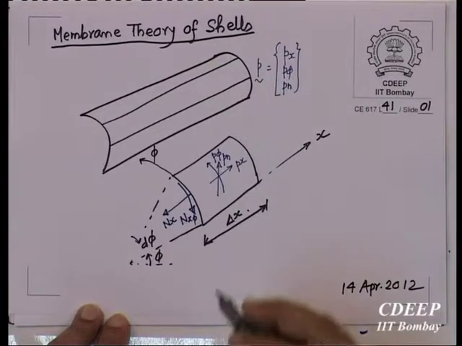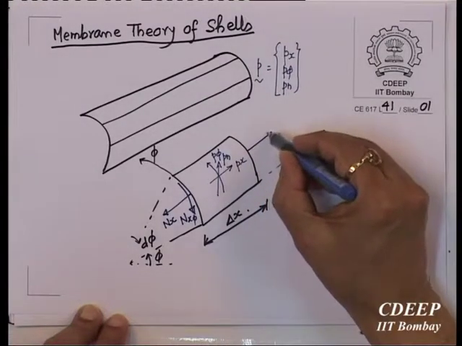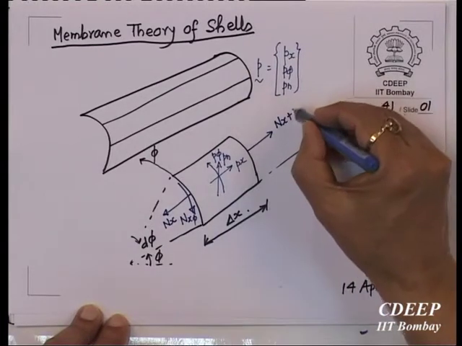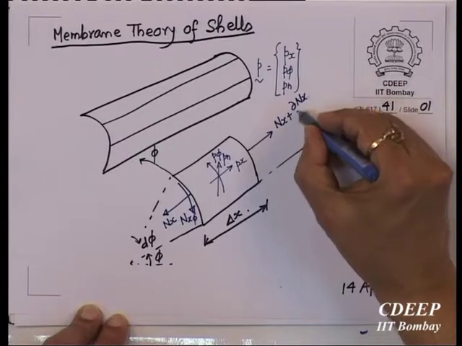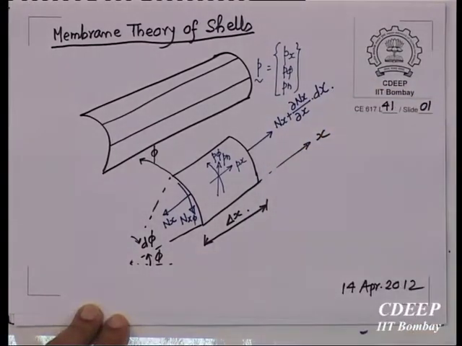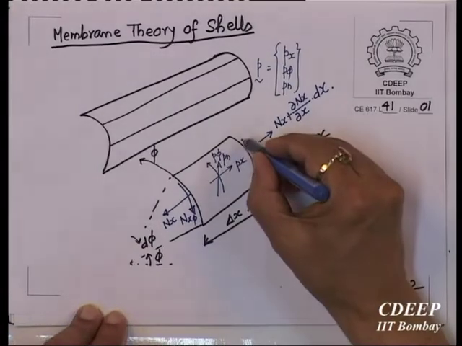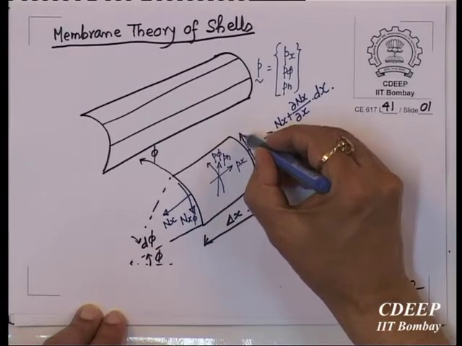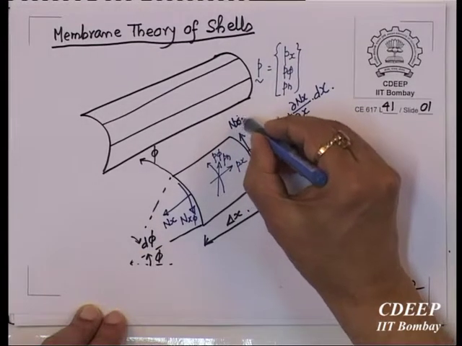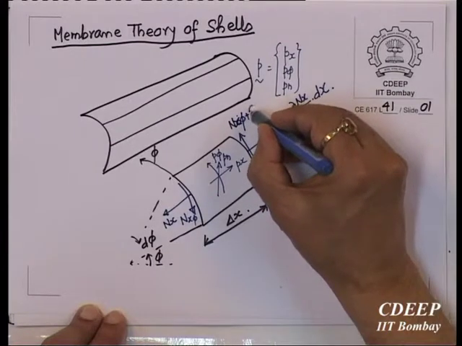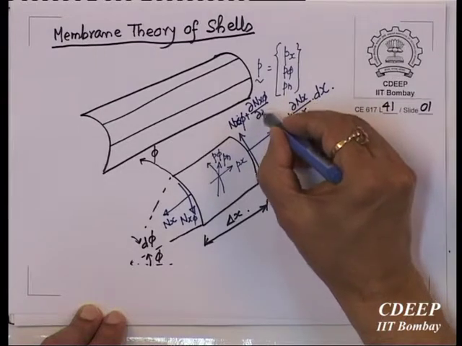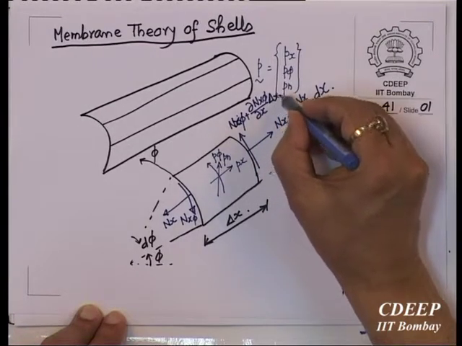When you go to the positive face, there will be n x plus some increment d n x by dx into dx, and n x phi plus delta n x phi by dx into dx.